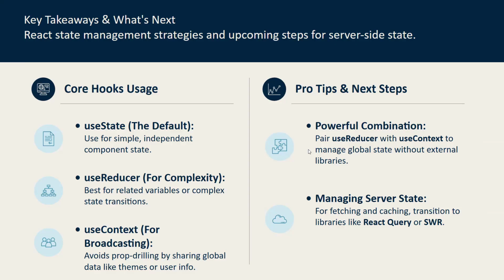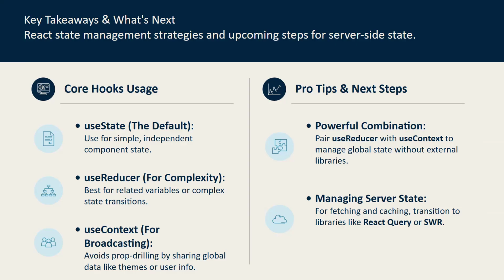When the state becomes more complex, especially when you have related variables or more structured transitions, useReducer is usually the better fit. And when you need to share data like themes or user information across many components, useContext helps you avoid the prop drilling problem that we discussed in the earlier slides.